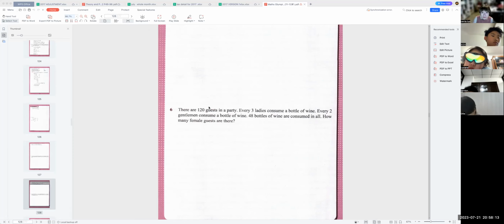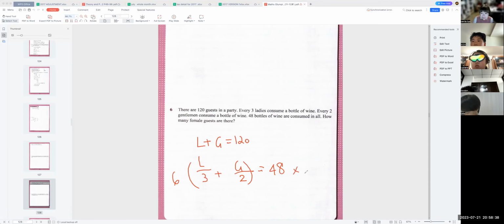Okay, so let's take a look at this one. I don't know how many gentlemen there are, but I'm going to say the ladies plus the gentlemen equals 120, right? Every 3 ladies consume 1 bottle, so it's ladies divided by 3 plus gentlemen divided by 2 equals 48. I'm going to times both the left side and right side by 6 because I hate fractions.